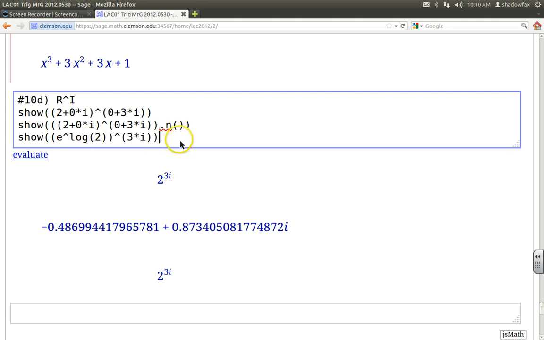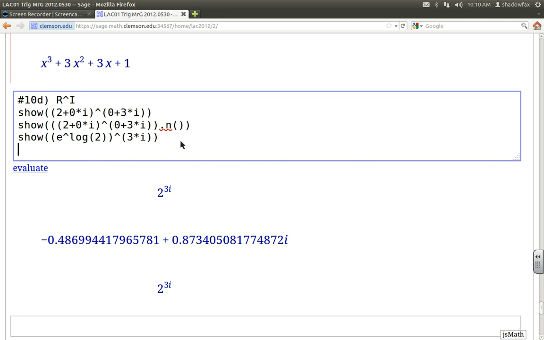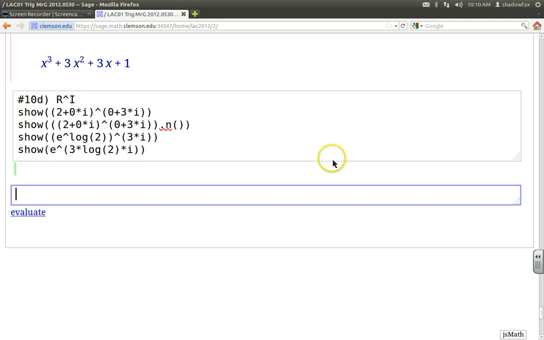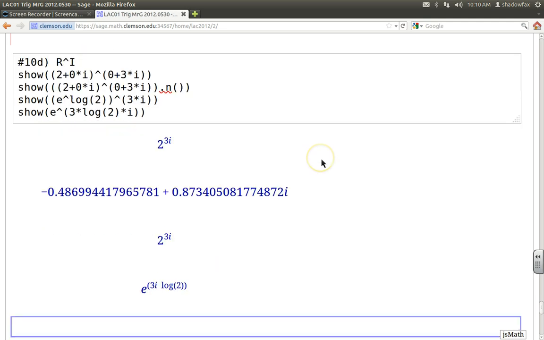You multiply the exponents. So this is the same thing. Show e to the quantity 3 times log of 2 times i. Isn't that the same thing?